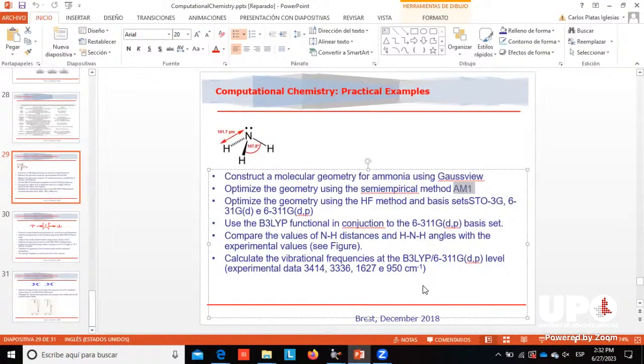So we calculate the energy a little bit too high. 3336, 1627 versus 1764, and finally 950, and that's 1140. Okay. Not very different. And anyway, this is just a semi-empirical method. So it's among the simplest methods that we can use within electronic structure theory.